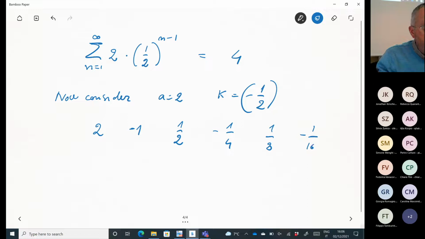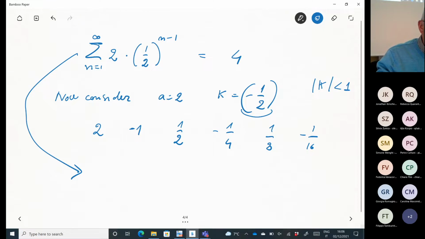So you see that at each step, the sign changes, and this is a consequence of the common ratio being negative. Anyway, k is again in modulus less than 1. So we should expect that the sum converges to some value, okay? But on the other hand, this is very similar, but it has all the terms with the same sign.